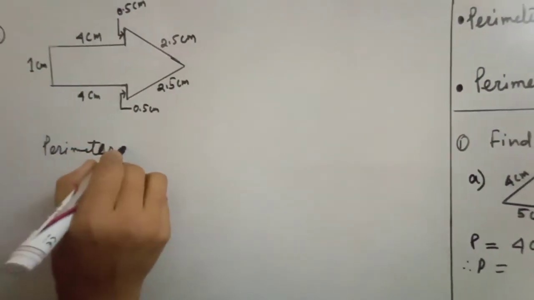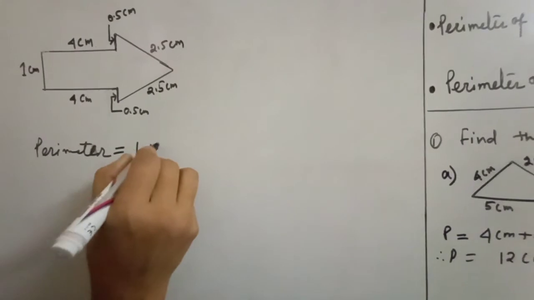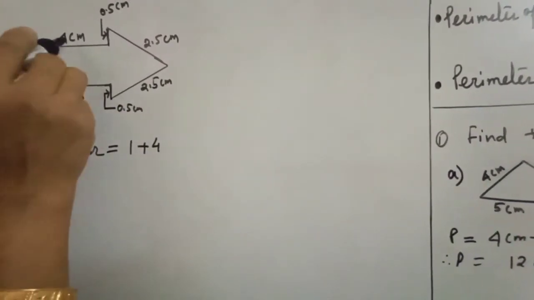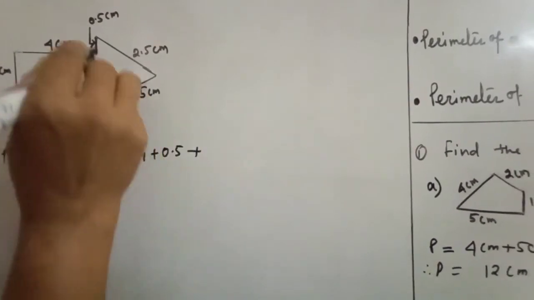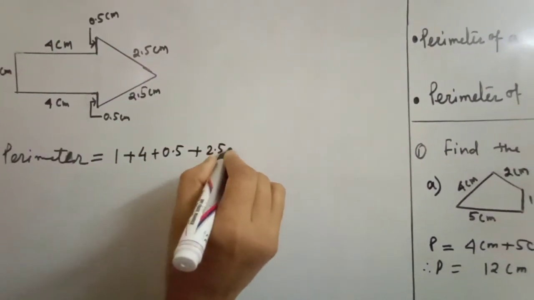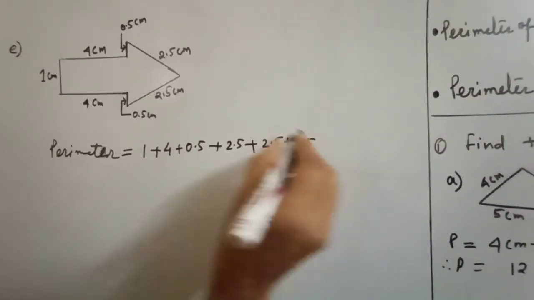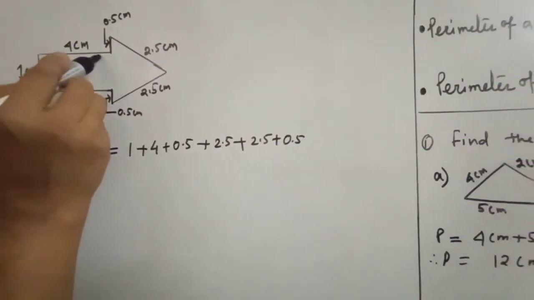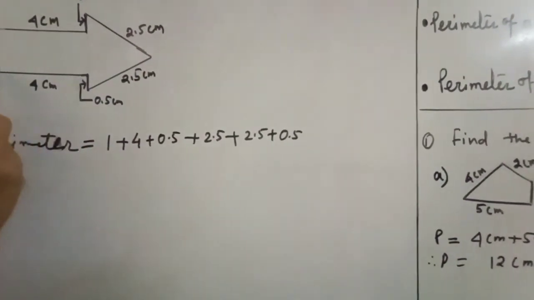Perimeter of this arrow: 1 plus 4 plus 0.5 plus 2.5 plus 2.5 plus 0.5 plus 4.